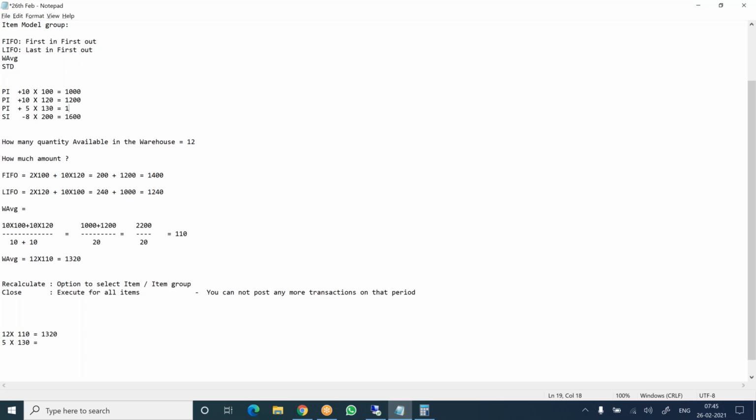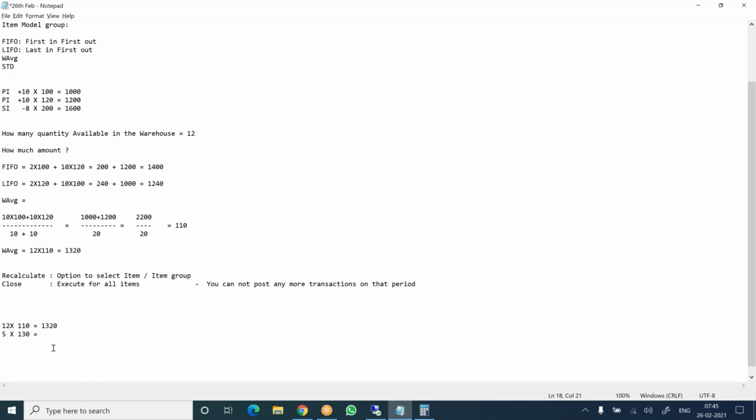Then the system will calculate that value also, here plus this one, so it will arrive at the value. This is complex. Rather than this, what the system does is take this 1320 and this 110 cost price, now 5, and it will calculate the weighted average. Understood?